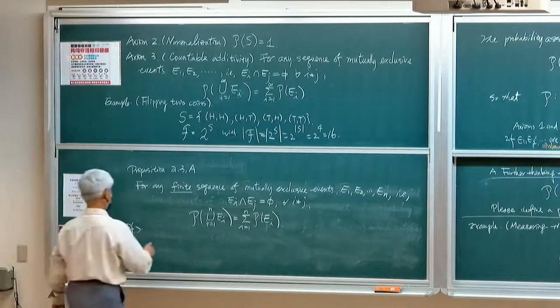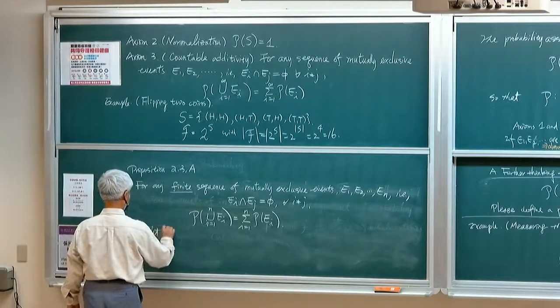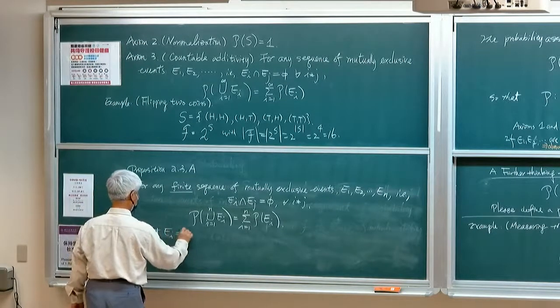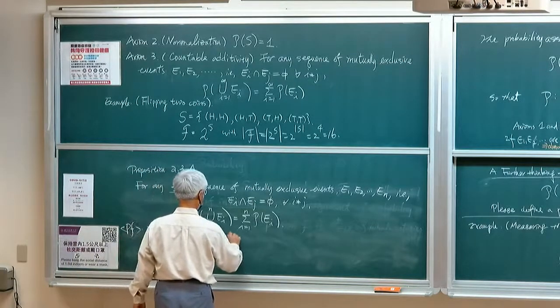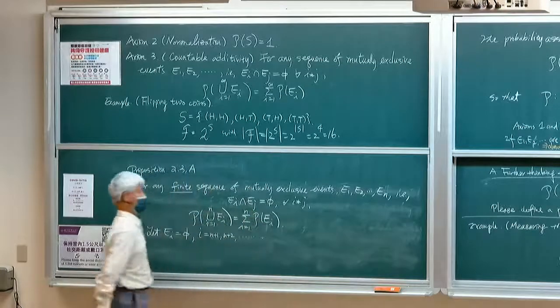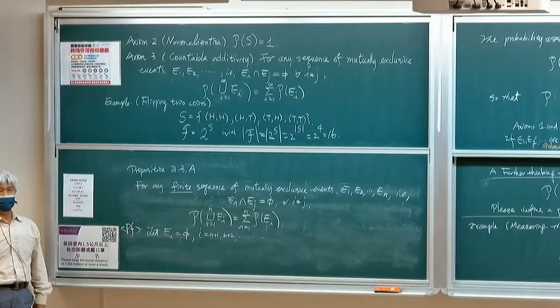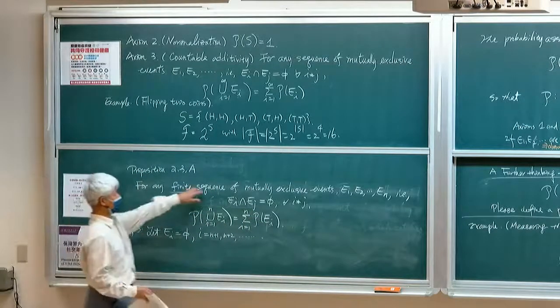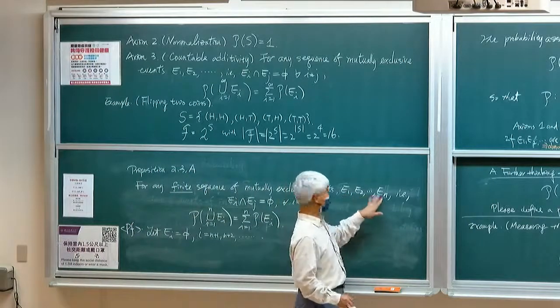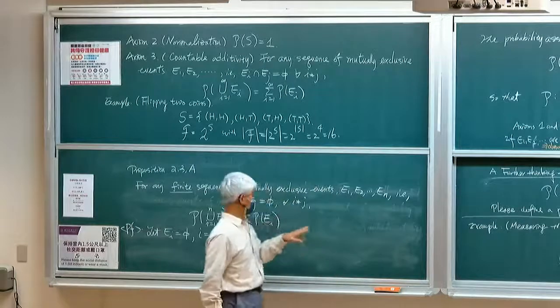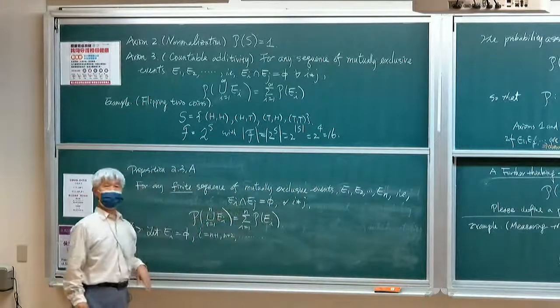So with that, Ei equal to the empty set for i from n plus 1, n plus 2, and so on. Because this sequence is a finite sequence, we have E1, E2 up to En, which are mutually exclusive.